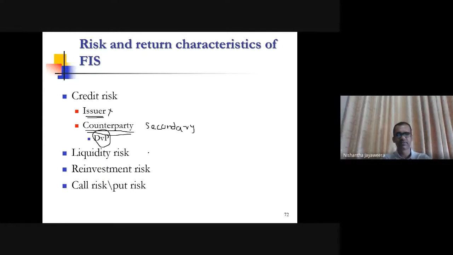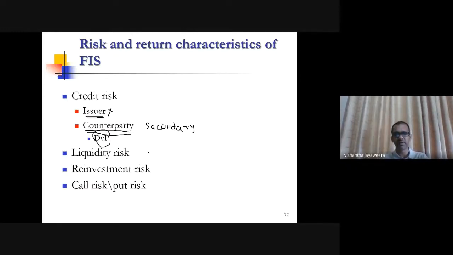What happens? The buyer has to deliver cash to that clearing house. The seller has to deliver bonds to the clearing house. Then only the clearing house exchanges the ownership. The clearing house will transfer funds from the buyer to the seller, and simultaneously, bonds will be transferred from the seller's account to the buyer's account.